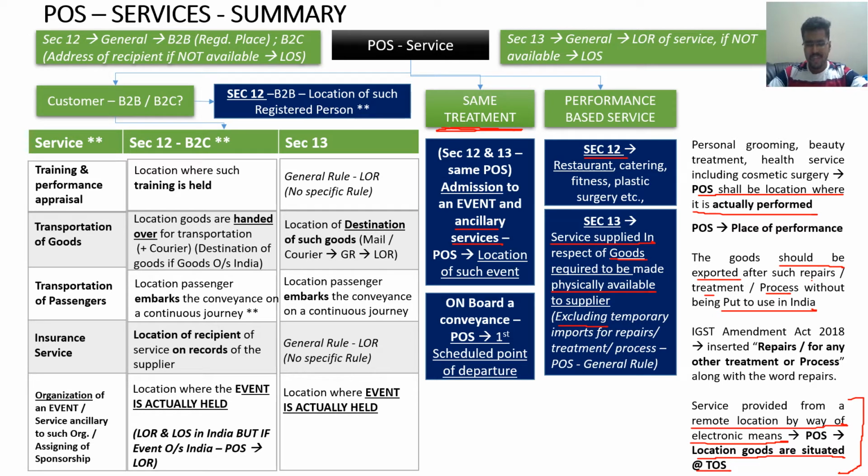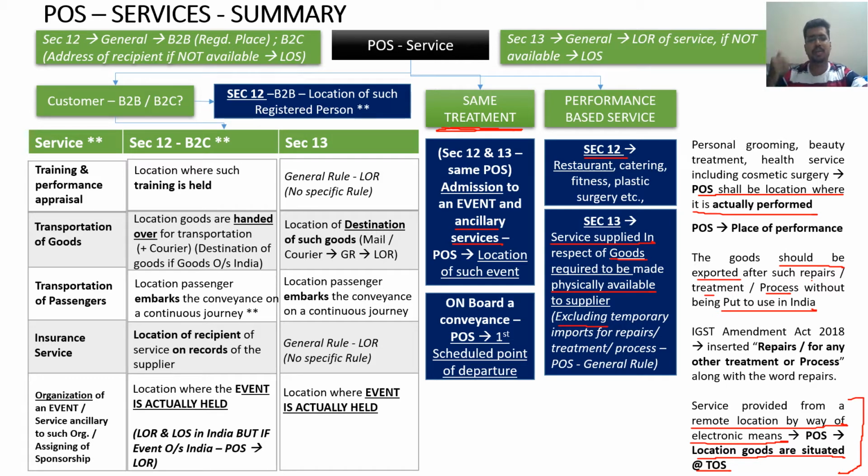So now, with so much digitization and remote monitoring and technology in place, many services can be provided electronically from a remote place, my friends. So if a service is provided from a remote location by way of electronic means, what is a remote location? You need not be on site where the goods are located.